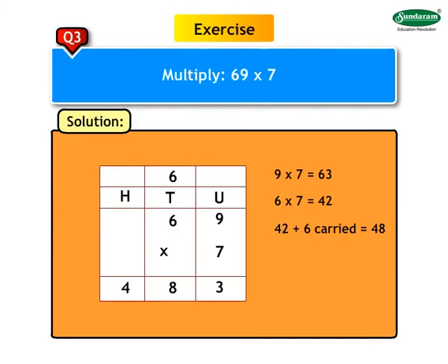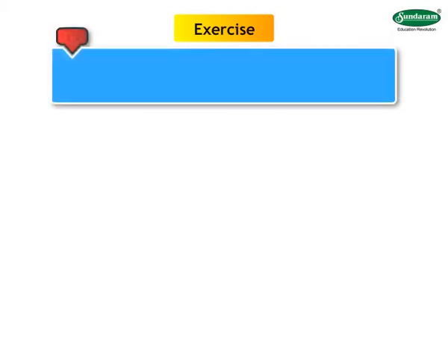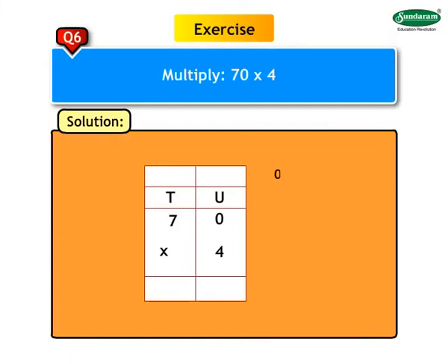Thus, the product is 483. Hence, 69 multiplied by 7 is equal to 483. Question 6. 70 multiplied by 4. 0 multiplied by 4 is equal to 0 and 7 multiplied by 4 is equal to 28.